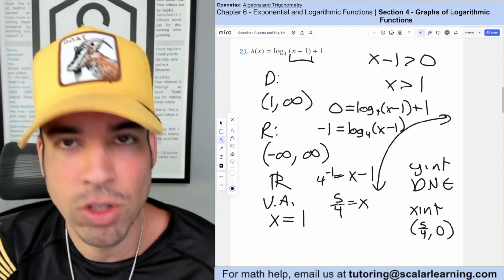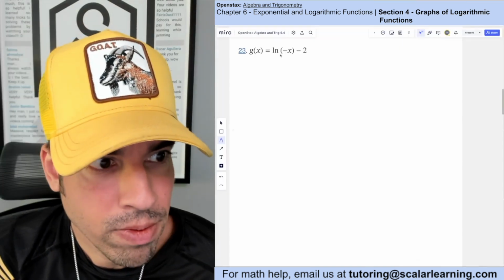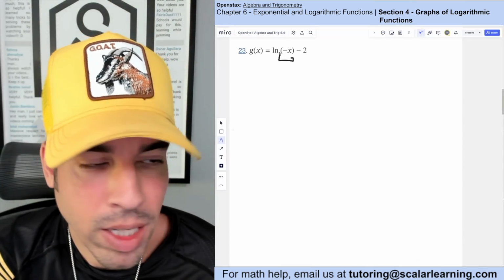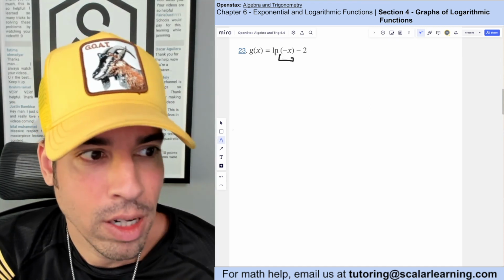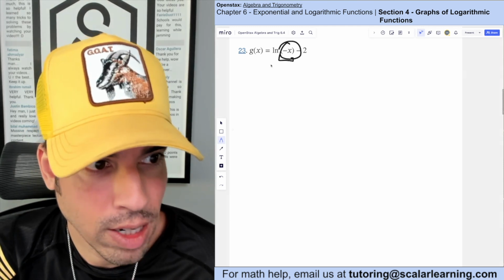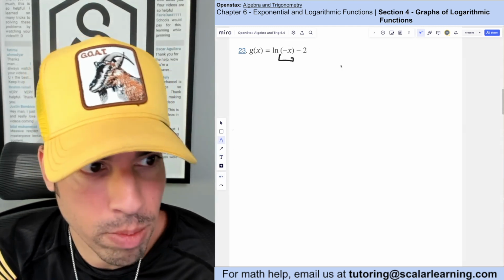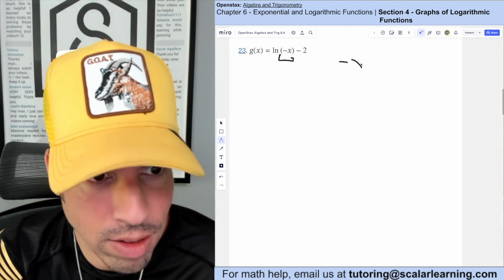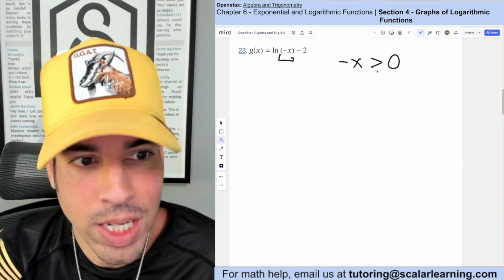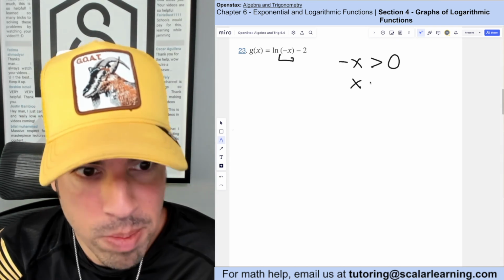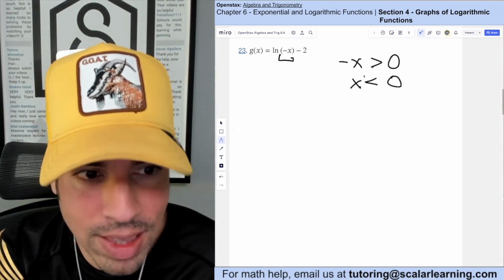So there's your answer. For this one, we're going to start by finding the domain, and that's dictated by this logarithm function. It's dictated by this because in order to take a logarithm of a value, you can only take a value greater than 0, right? Which means this argument, -x, must be greater than 0. And as we isolate, meaning divide both sides by negative, it flips the inequality, and that means x has to be less than 0.